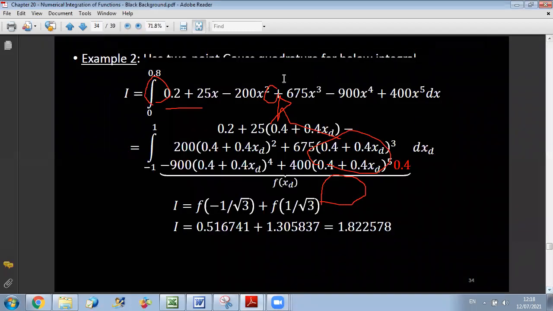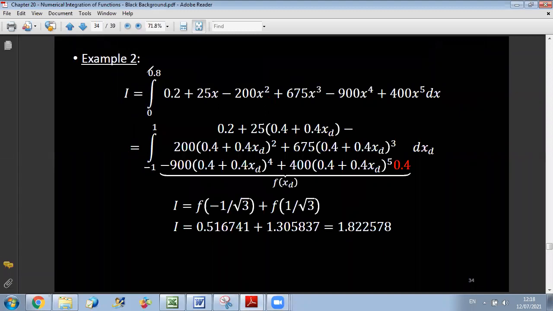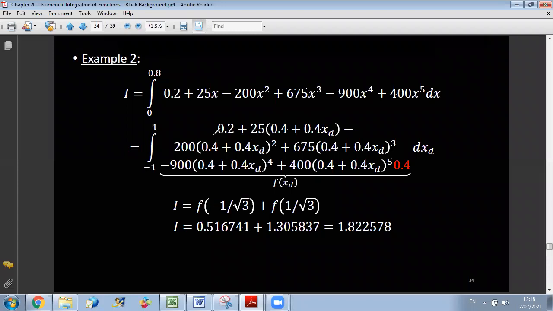So now all I have to do is to say that the integral between 0 and 0.8 of my function times dx is equal to 0.2 plus 25 times, I replace now x by 0.4 plus 0.4 xd, minus 200, again I have x, so I replace it by 0.4 plus 0.4 xd squared, plus 675 times 0.4 plus 0.4 xd.